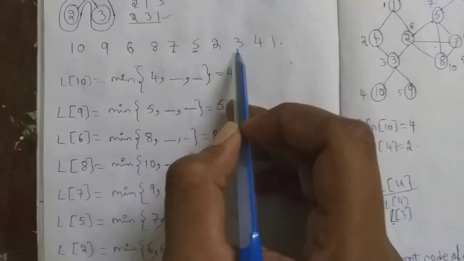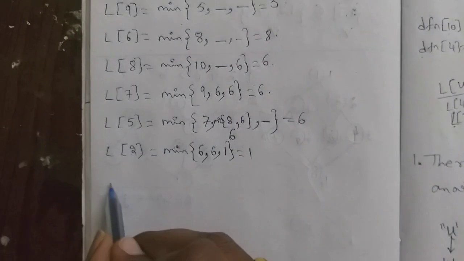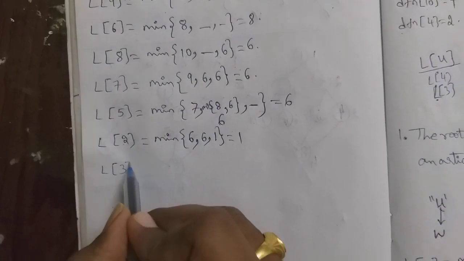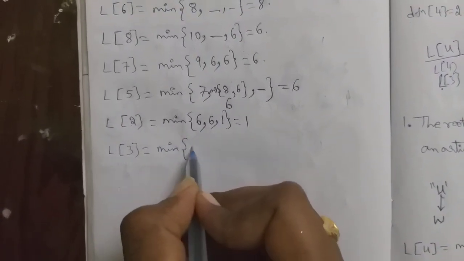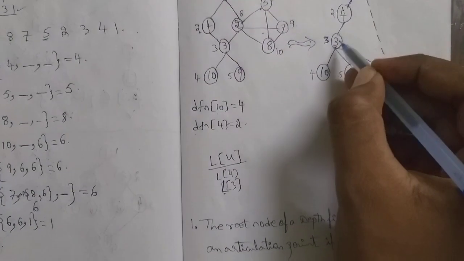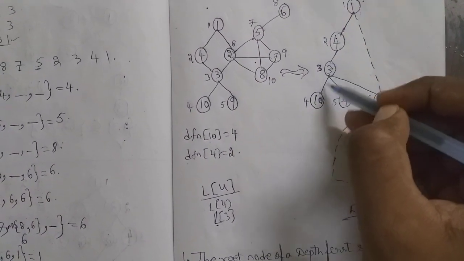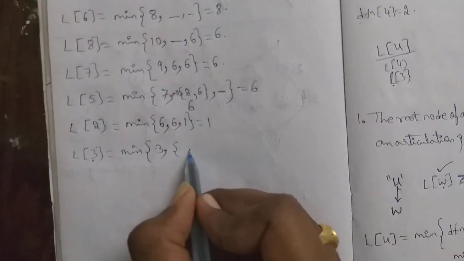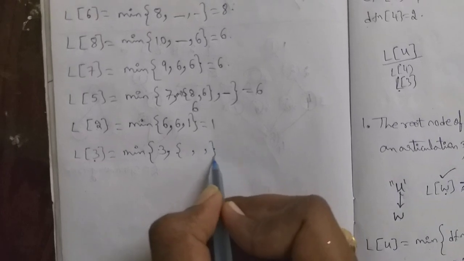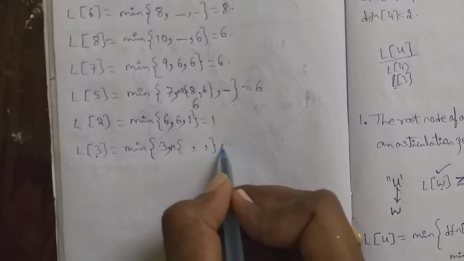Next posterior traversal sequence vertex 3. L of 3 is equal to the minimum of the depth first number of 3. What is the depth first number of 3? 3, comma. Does 3 have any children? Yes, 10, 9 and 2. The minimum of these 3 children's L values.